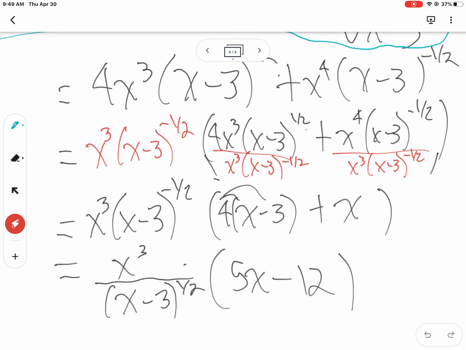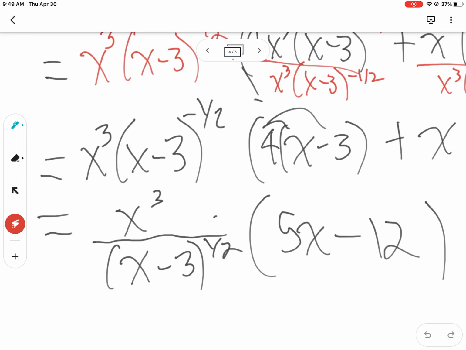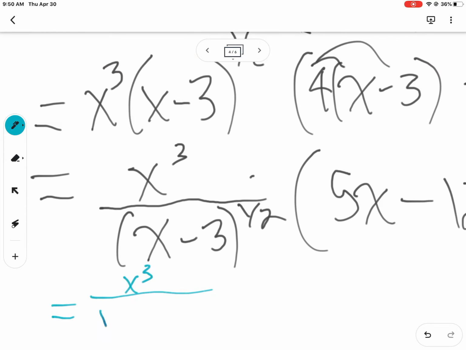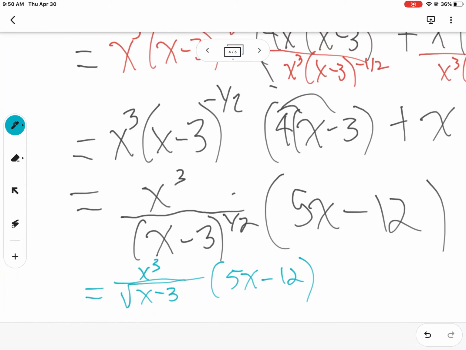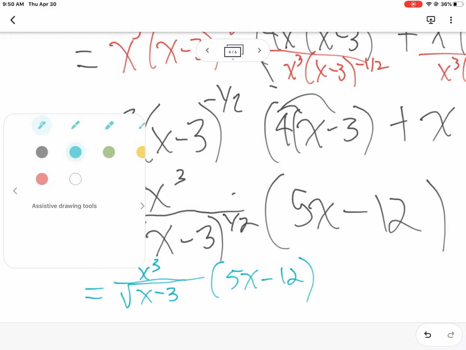And then I've got here x cubed from that x cubed, and then I'm going to rewrite this with a fraction 1/2, but if I was being a really good math person, I would have rewritten that as equals x cubed over root x minus 3, times 5x minus 12.